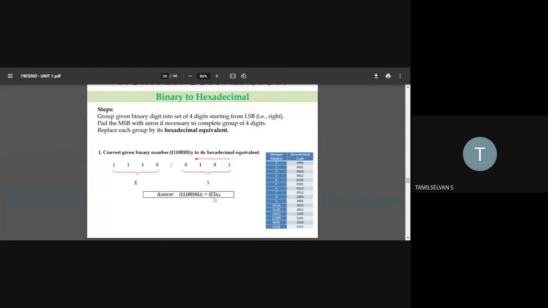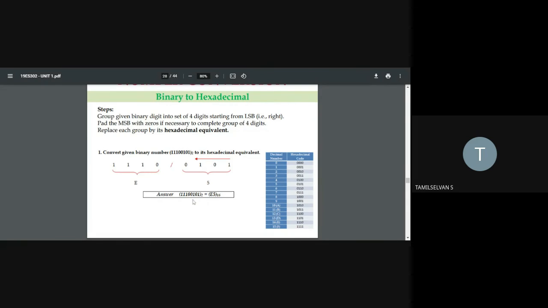Then E5 to the base 16 is the exact hexadecimal value for that binary number, right? So please note down this table in every example, so that we can easily put the value without any hesitation or unwanted delay, right?